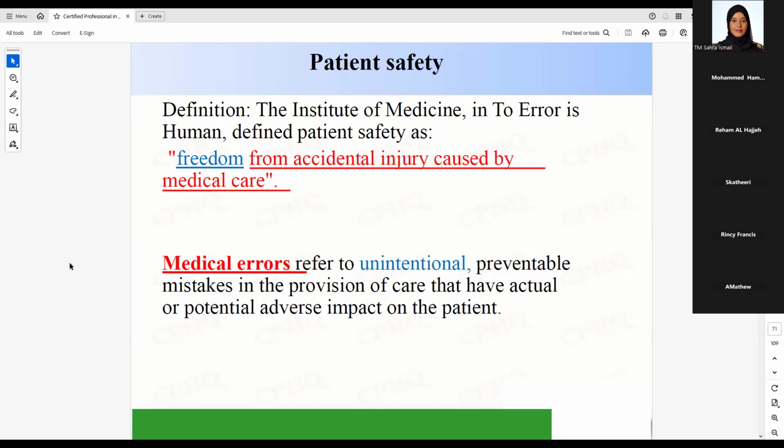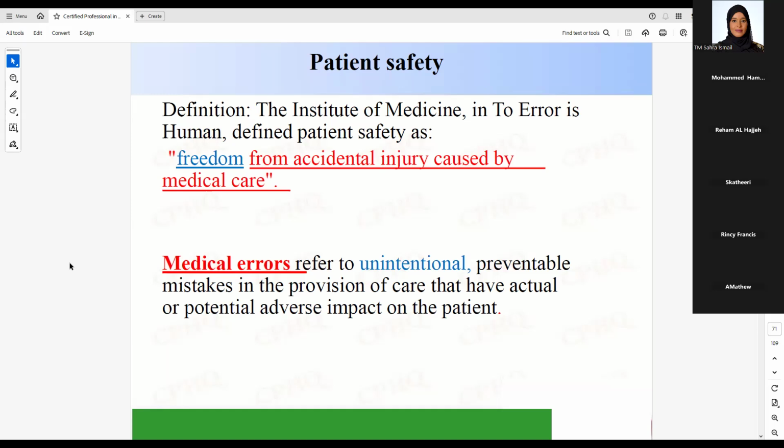Okay. We've covered some of those, which is about the patient safety before. We said the Institute of Medicine released the report called "To Err is Human," and it defined patient safety as freedom from accidental injury caused by the medical care.